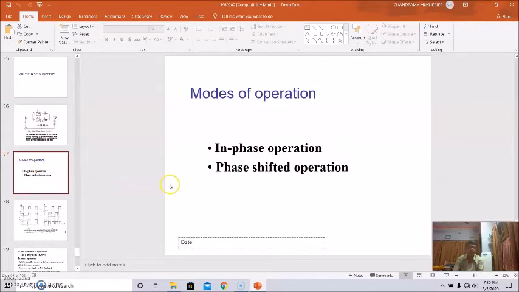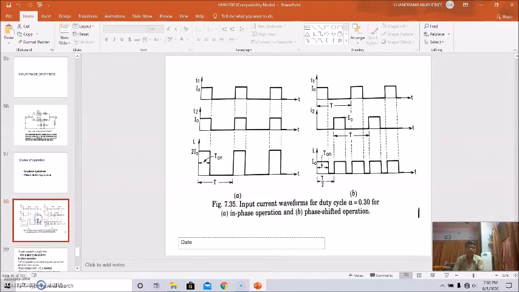It may be two or more, that's why it is a multi-phase chopper. The modes of operation may be in-phase operation or phase-shifted operation. This is the input current waveform for duty cycle alpha equal to 0.3. This is for in-phase operation, and this is for phase-shifted operation.